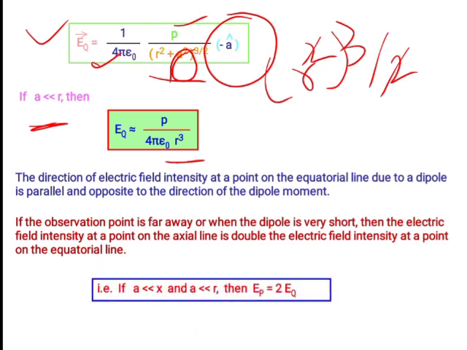If A is very much less than X and A is very much less than R, then EP is equal to 2EQ.